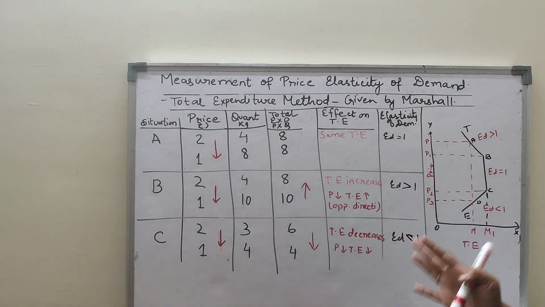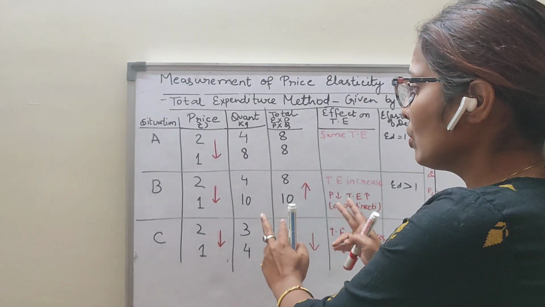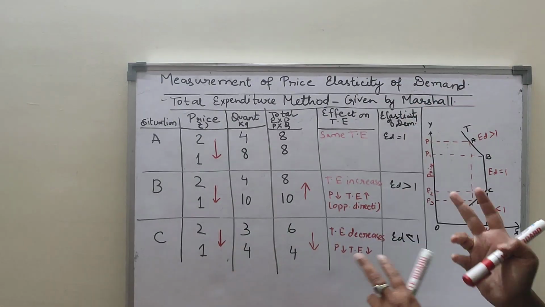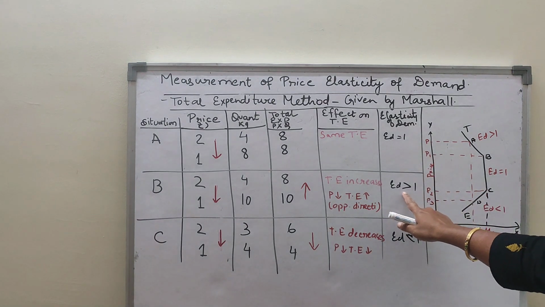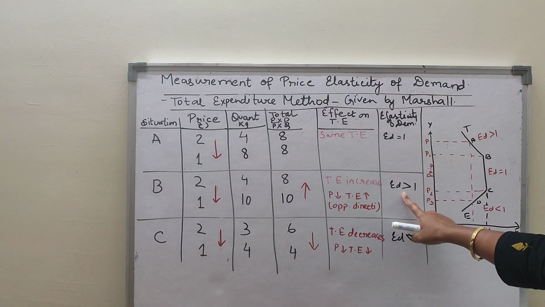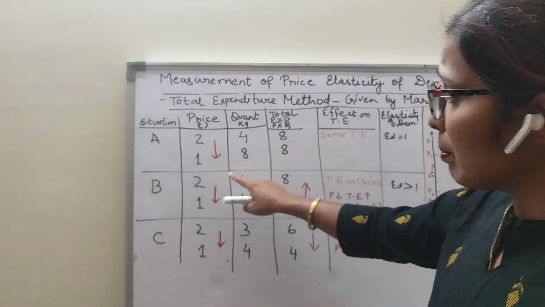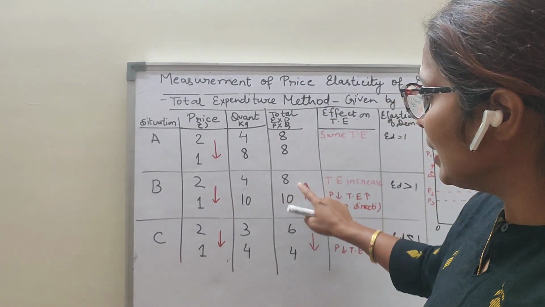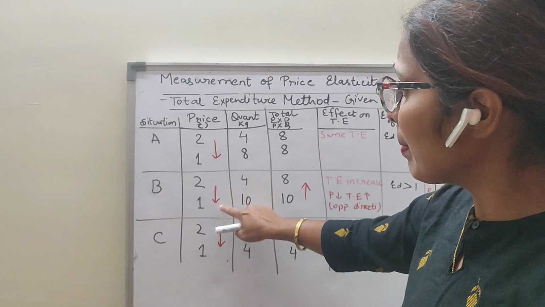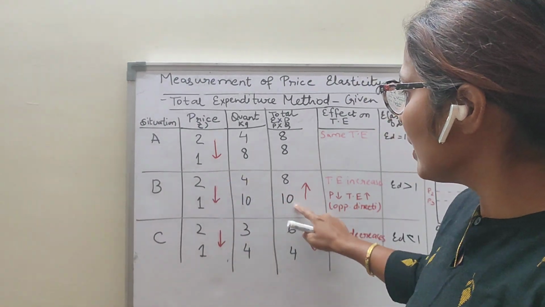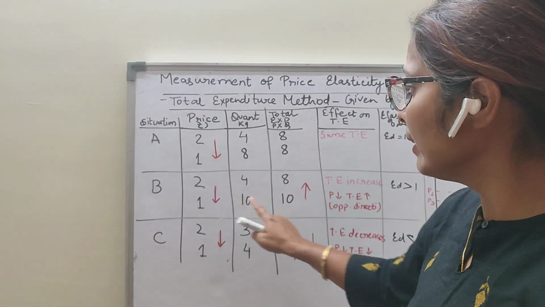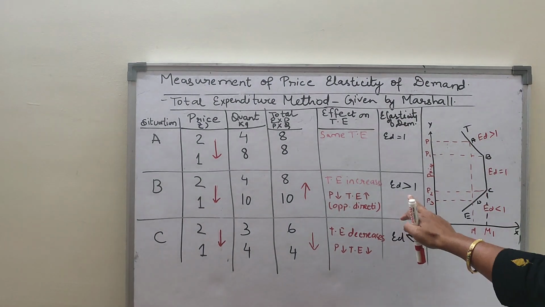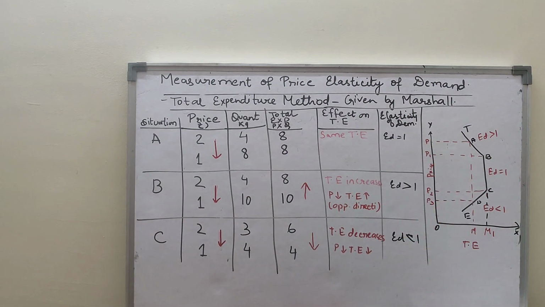That means there is an inverse relationship. Whenever price and total expenditure move in the opposite direction, then my elasticity of demand will be greater than 1. When my price is falling, my total expenditure is increasing. When my price is rising, my total expenditure falls. That means moving in the opposite direction. Here my elasticity of demand is greater than 1.